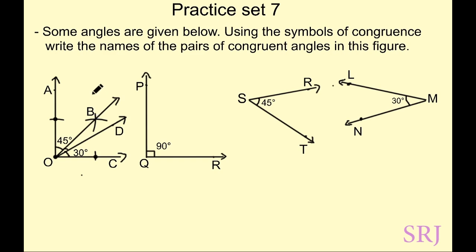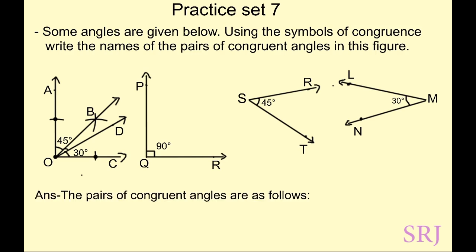So, an angle bisector divides the angle into 2 equal parts. So, if this is 45, then this is also 45. In both ways, it is confirmed that these 2 angles are 45 degrees. So, our answer will be, the pair of congruent angles are as follows. First is, angle AOB is congruent to angle BOC.